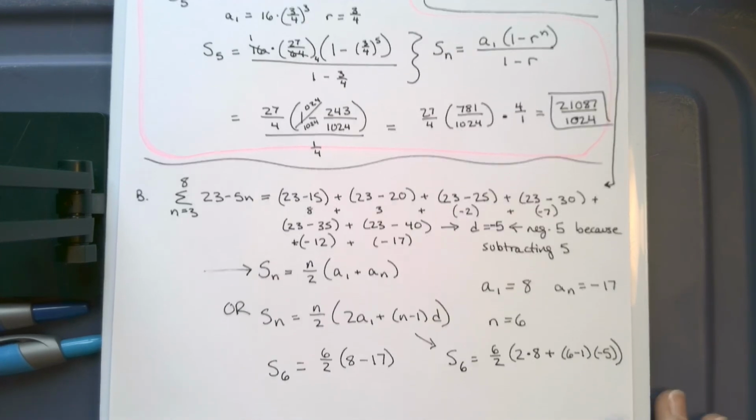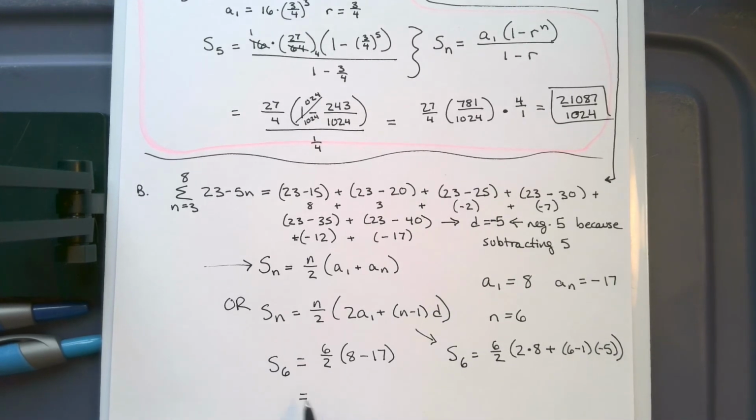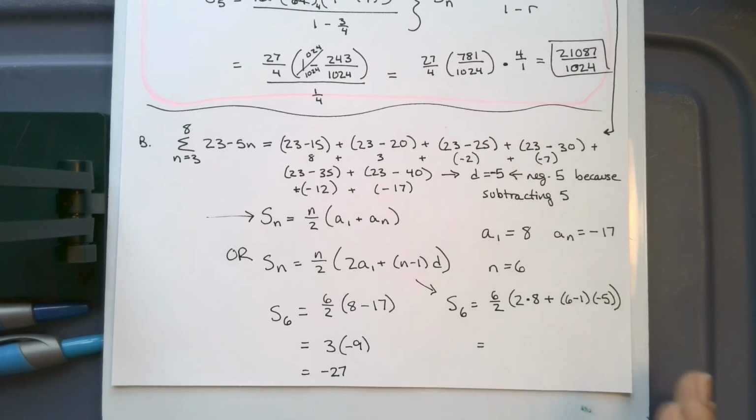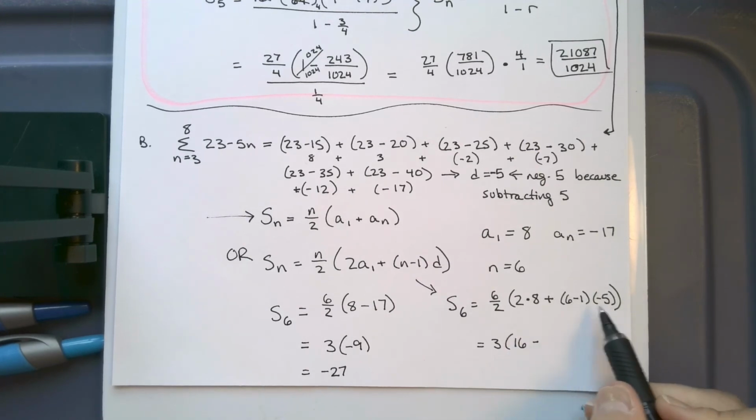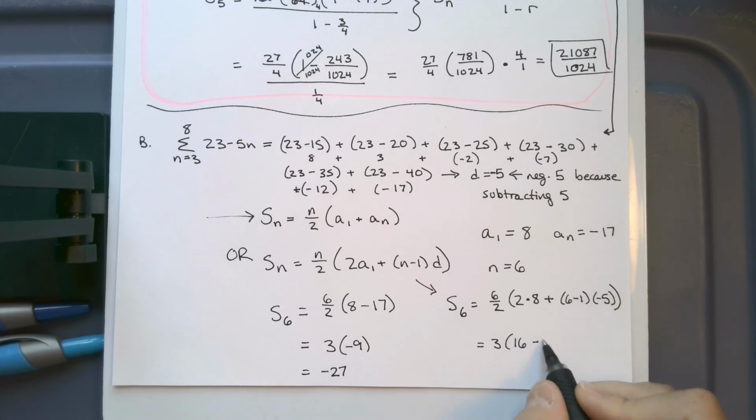So let's crunch these out. Let's make sure that we get the same answer for each of them. 3 times, what is that? Negative 9? Gets me negative 27. Can't see. And then over here, 3 times 16 minus, because this is going to be negative, 5 times 5.